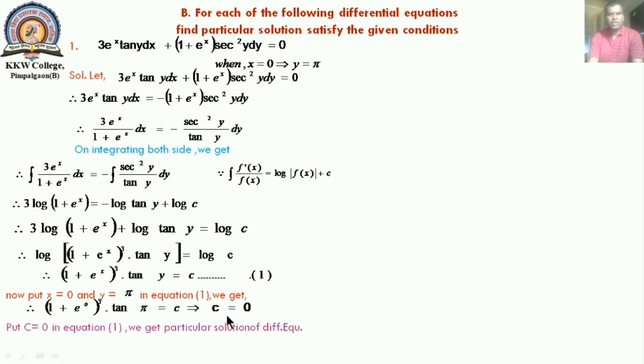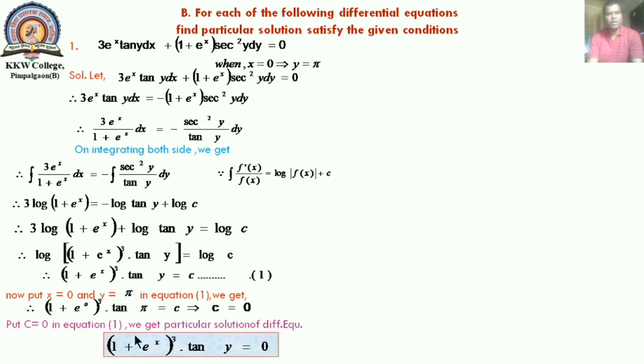Put this value of c in equation 1, you will get (1 plus e raised to x) whole cube into tan y is equal to 0, which is your particular solution. Equation 1 represents the general solution of the differential equation, and this represents the particular solution.